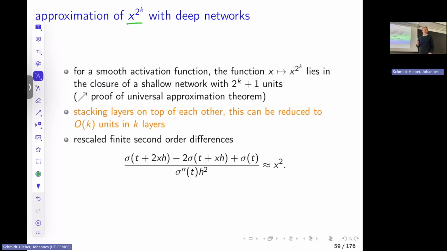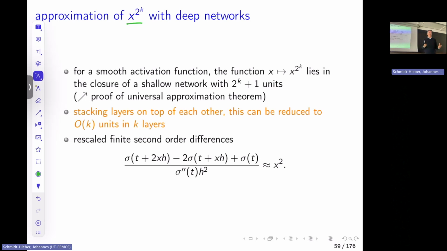The construction that underlies the universal approximation theorem, right? Back then we discussed how shallow networks can approximate monomials. And in this case, we have seen, by using finite order differences and approximations of that, a construction that takes as many neurons as the degree of the monomial that we want, plus 1, right?